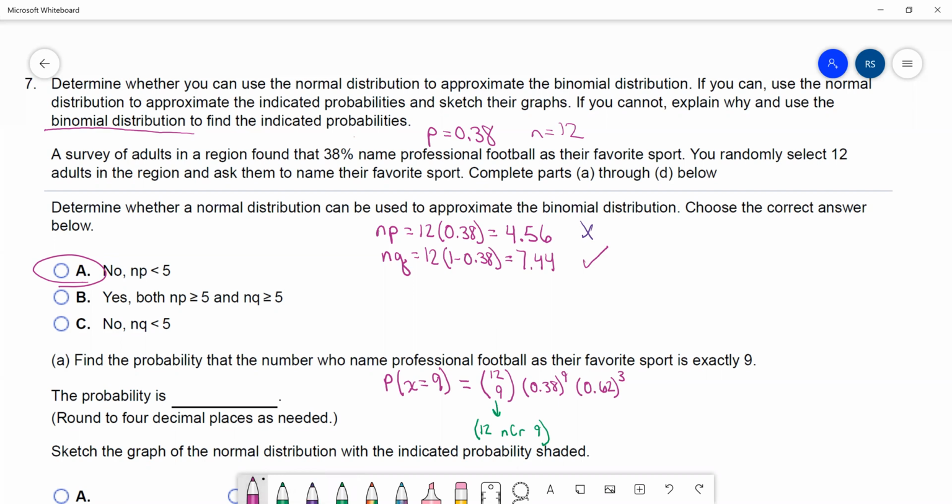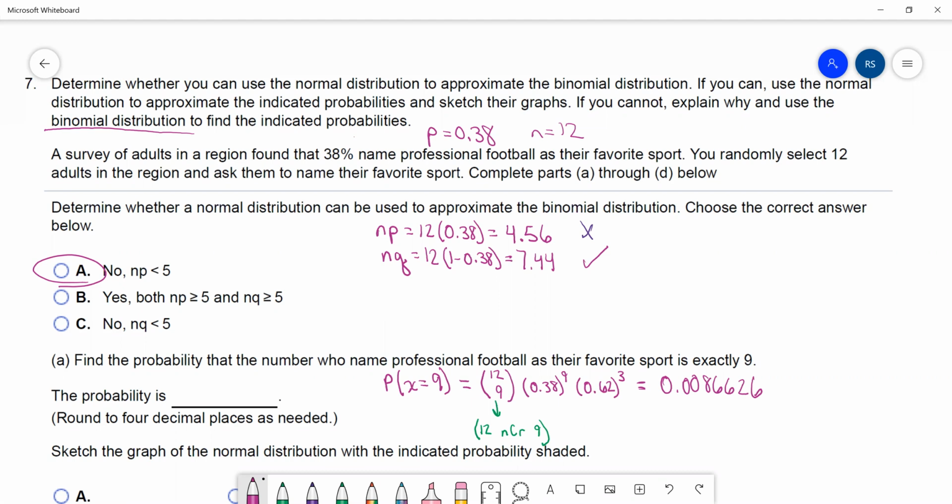So we run this calculation, and we'll get 0.0086626.